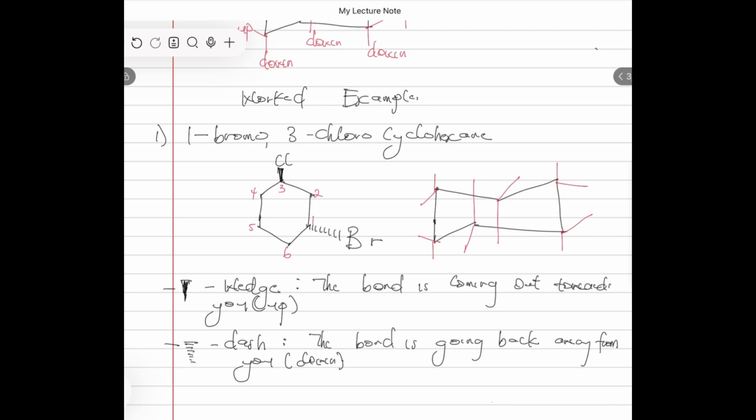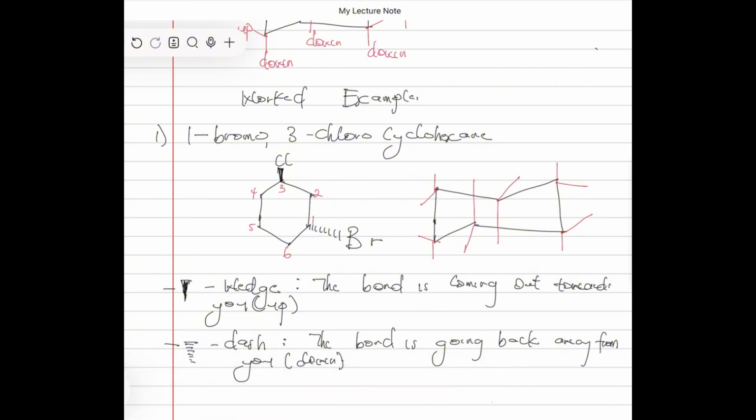The next thing to do is to place my substituents. As we have already discussed, when you have the wedge bond, the bond is coming out towards you, which means it should be in the up direction. The first thing I will do is to number my chair diagram. I can start the numbering from any position.